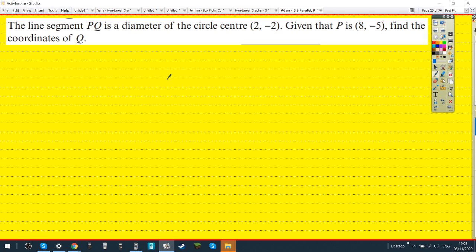Yes. Okay. So would you do 2 minus 2 take away 8 minus 5? So I think what I might do is coordinates of Q. Let's just call Q xy. Okay. So what equation can you construct in terms of x? Would it be x equals?